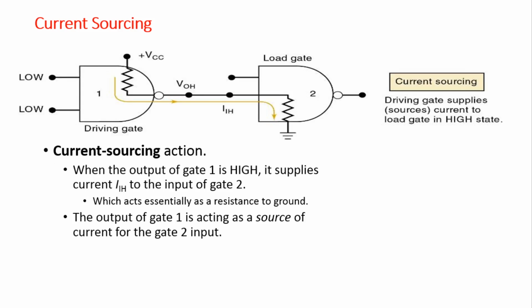Now the next is current sourcing. It is related to power requirement. So here the current sourcing action defines that when the output of gate 1 is high, it supplies current IIH to the input of gate 2, which acts essentially as a resistance to ground. The output of gate 1 is acting as a source of current for the gate 2 input.